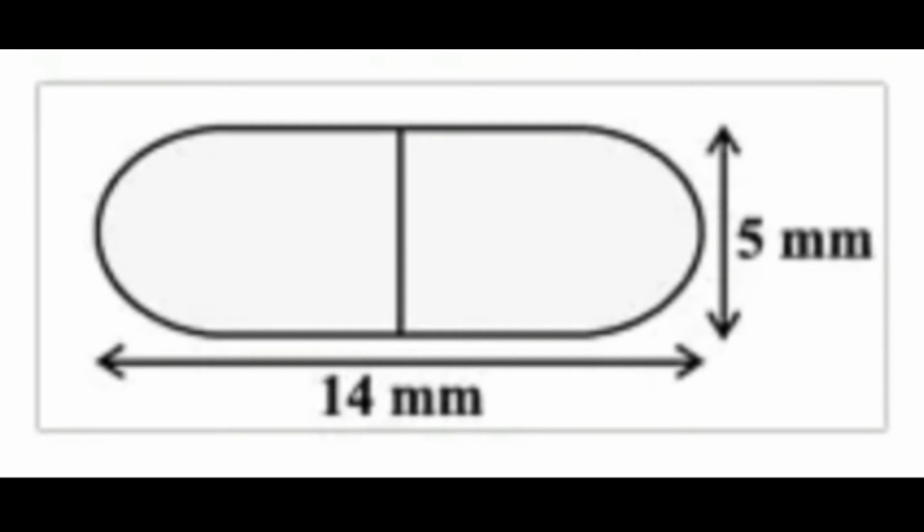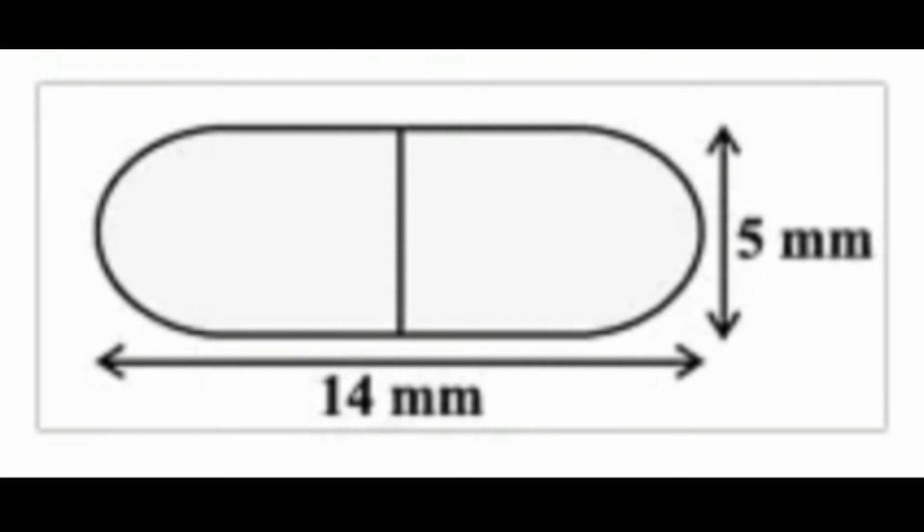Given that the diameter of the cylinder is 5 millimeter, so therefore the diameter of the hemisphere will also be 5 millimeter. Okay, as the total length of this capsule is given 14 millimeter, so in this total length of the figure means 14 millimeter, there is the diameter of the hemisphere also.